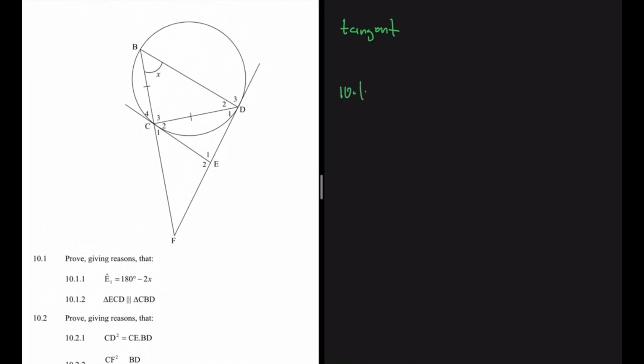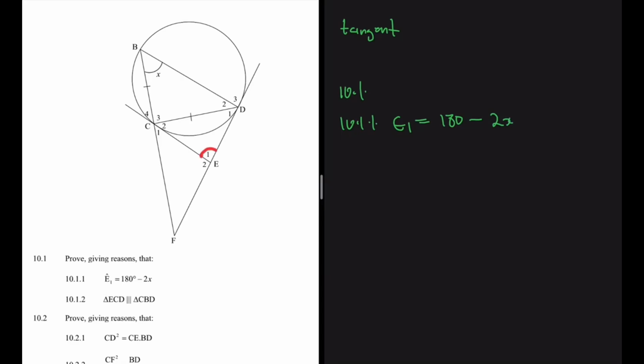So the first one, 10.1.1, says prove, giving reasons, that E1 is equal to 180 minus 2x. Let's look at E1 on our diagram.